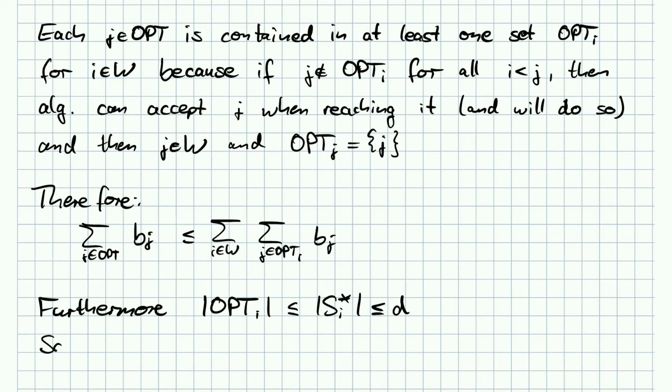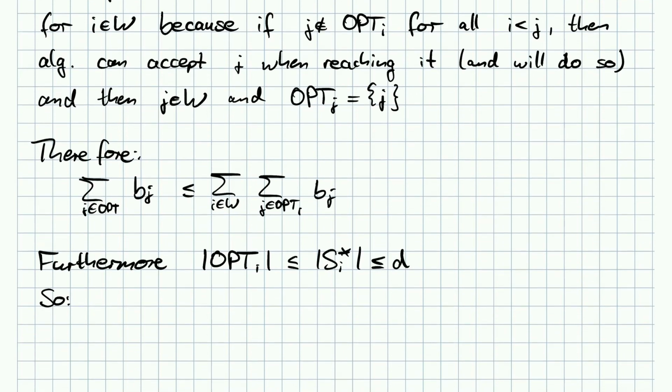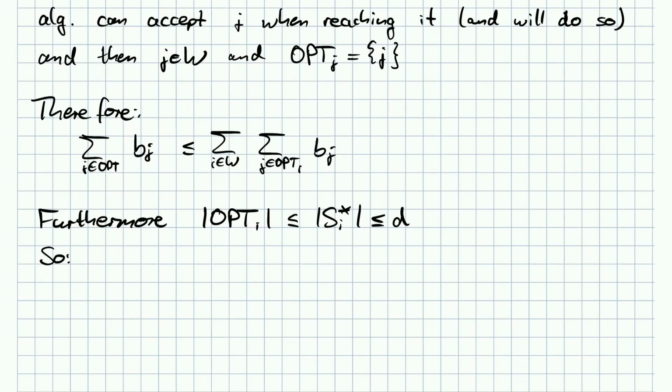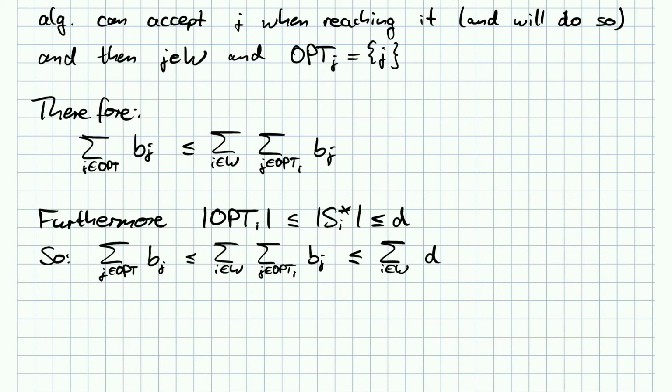And what does this tell us? This tells us that this sum of all j in opt of b_j will be at most this double sum, but this will also be at most d times b_I. Why is this?